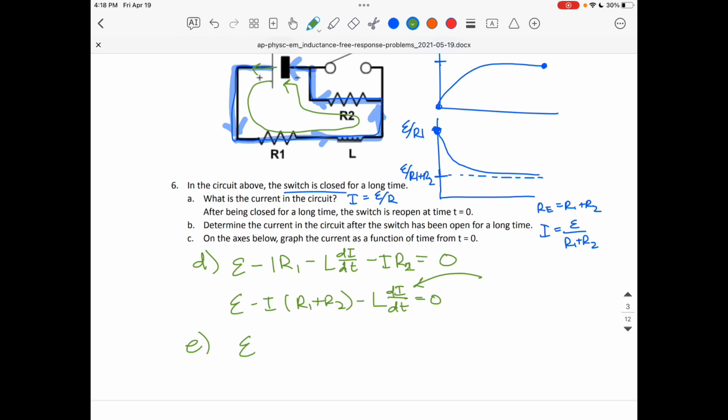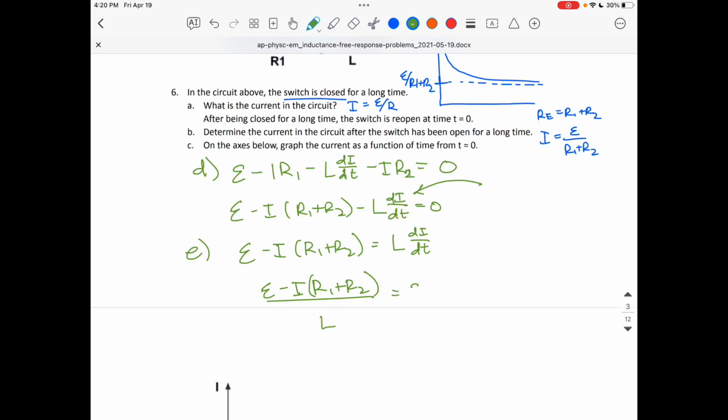So I'm going to start by doing this, and then divide by L. I know this seems like a strange step, but I am going to multiply top and bottom by 1 over R1 plus R2.